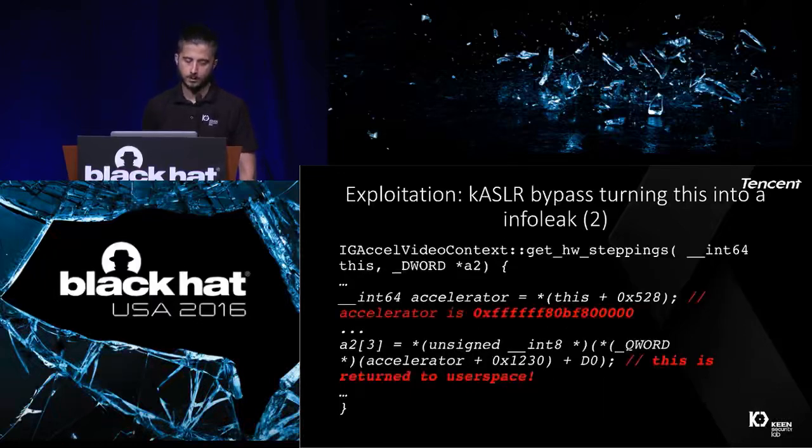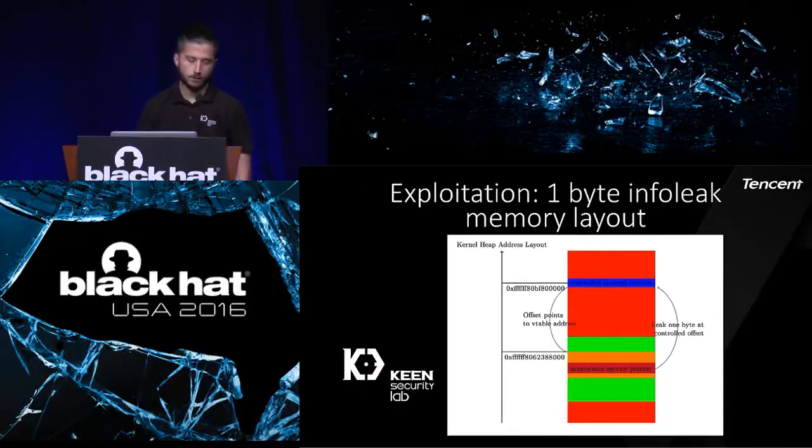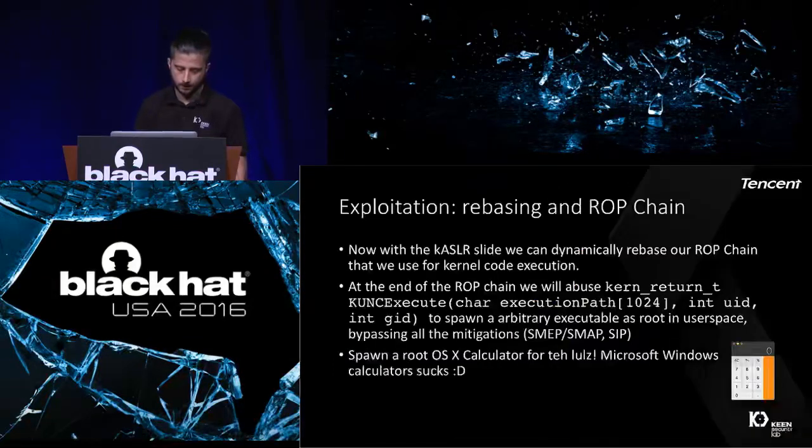So as you can see here, there is some decompiled code from the method, and the accelerator is pointing to our location, and the array is actually returned to user space. So we get 1 byte of info leak. This is a diagram of the info leak. And now that we have the KASLR slide, we can rebase our ROP chain, and we can start executing in the kernel.